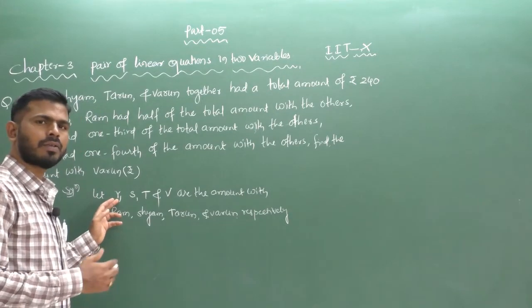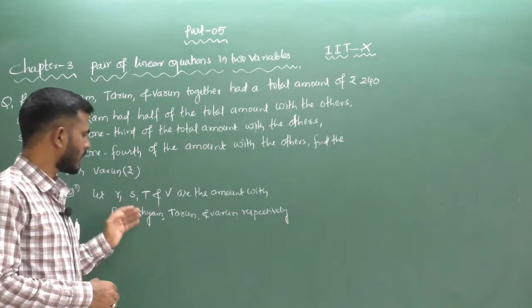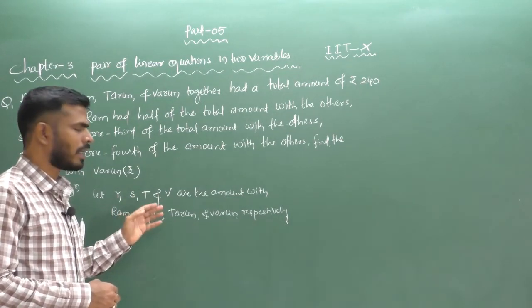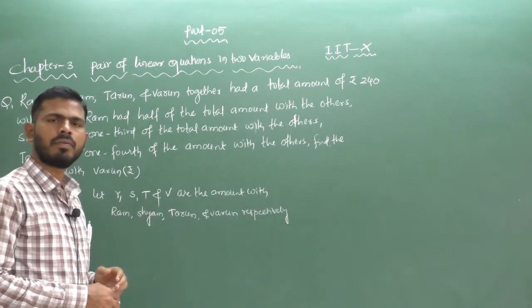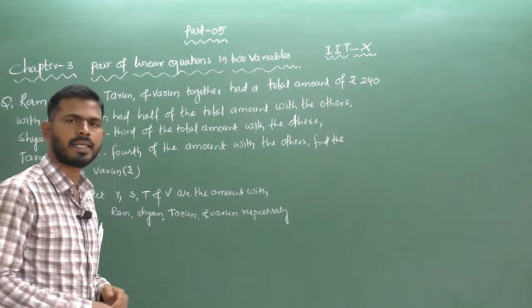R means the total amount with Ram. S means the total amount with Shyam. T means Tarun had the total amount. And V is the amount with Varun. So this is the consideration.